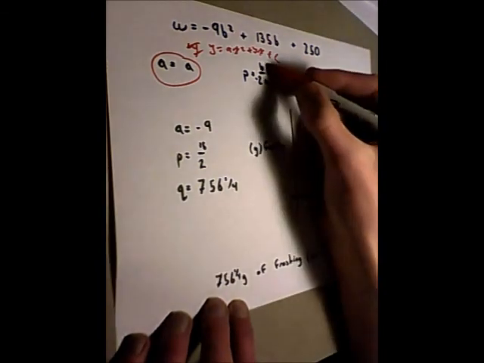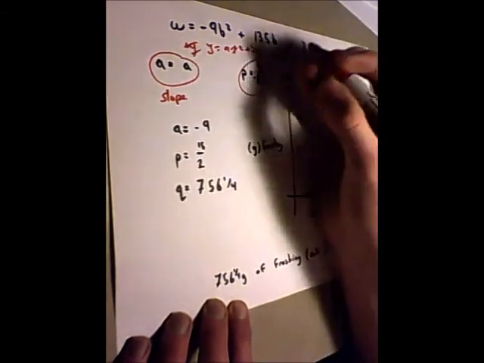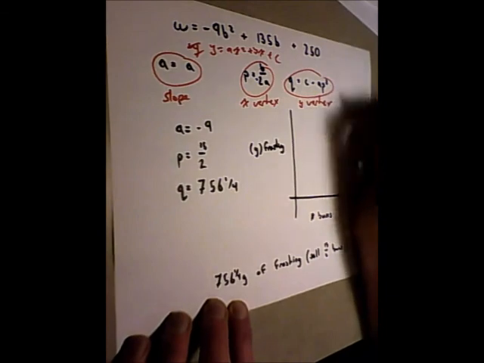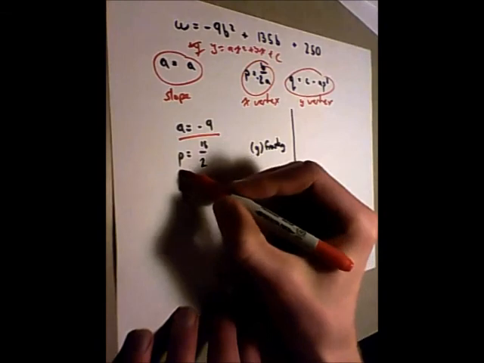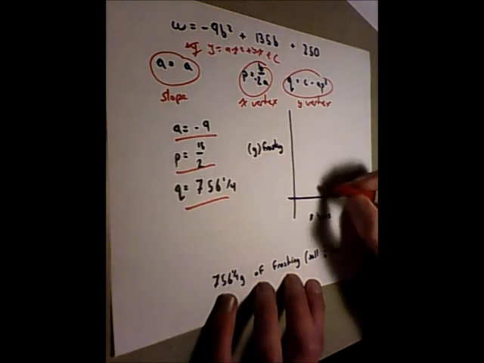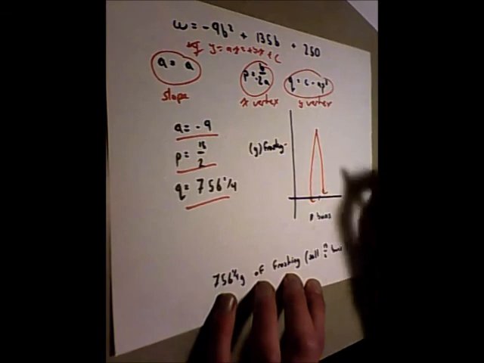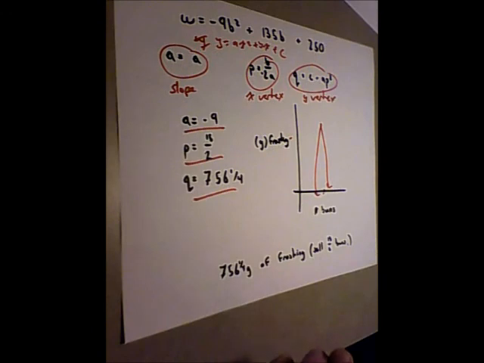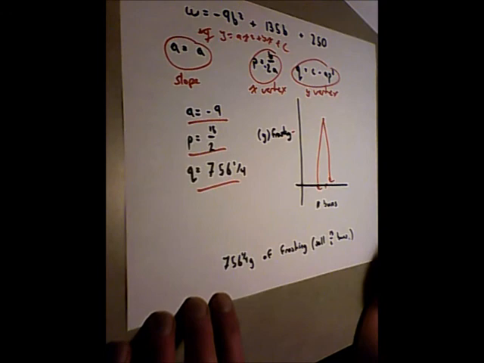So these three equations can help us find our slope, our x vertex, and our y vertex. After plugging in these equations, we get a equals -9, p equals 15 over 2, and q equals 756 and 1/4. We'll graph this out and find our vertex and our slope, and we find that it actually looks exactly the same. This is also a way that you can double check that you've done your work right.